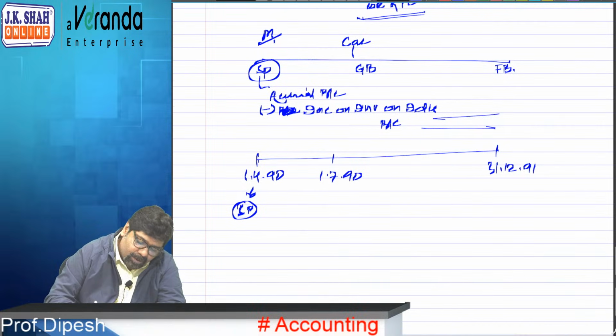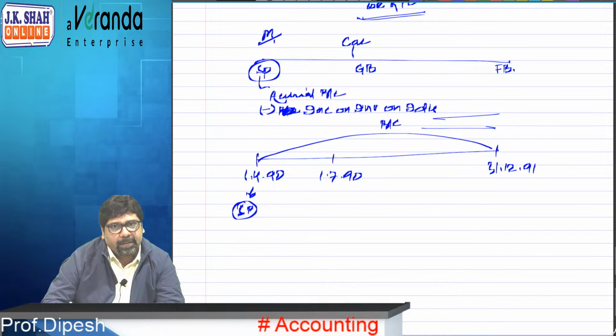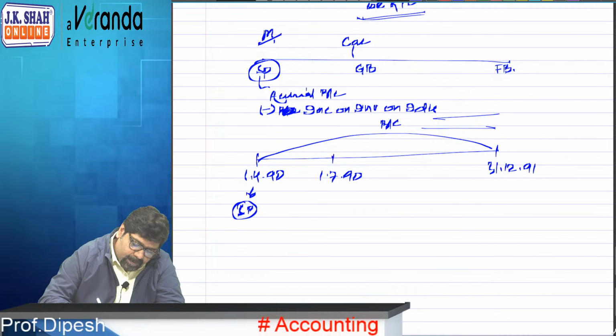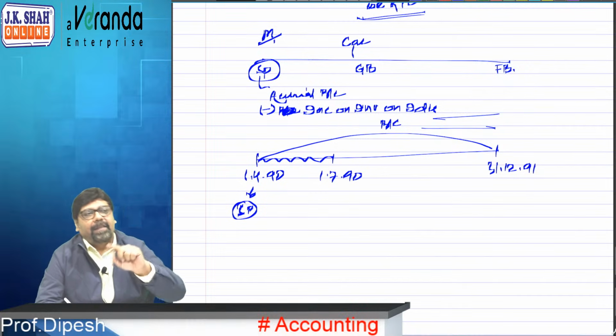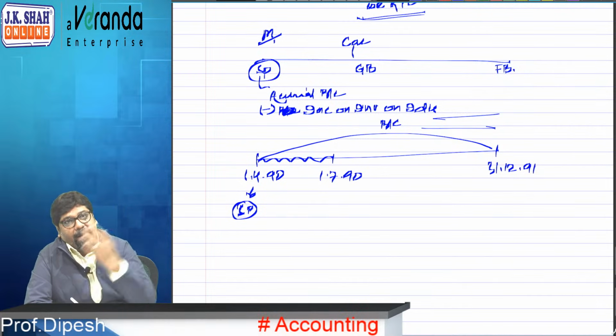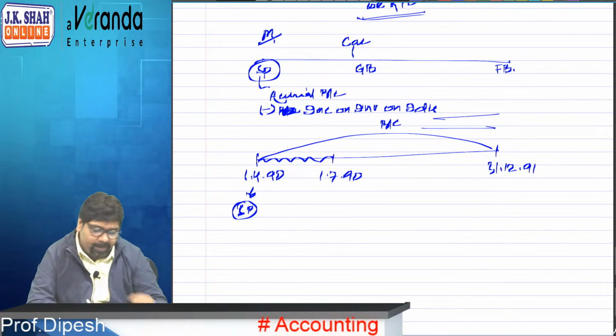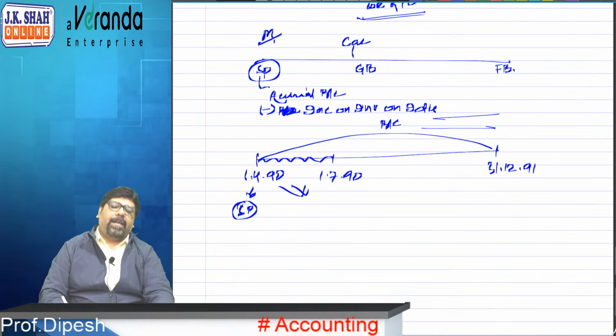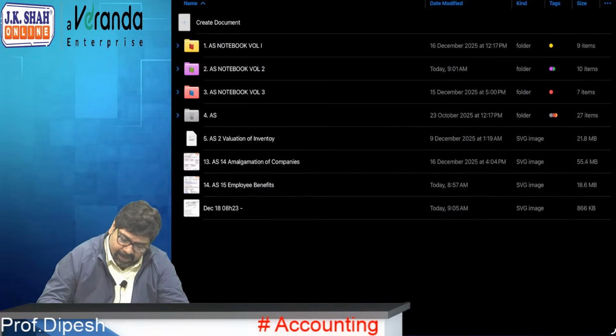Correct? So, actual borrowing cost is for how many months? 12 months. Out of those 12 months, 3 months the fund was idle? Yes. During this idle time, I invested the fund somewhere else? Yes. From there, I generated interest? Yes. That should be subtracted. Am I clear? Yes.